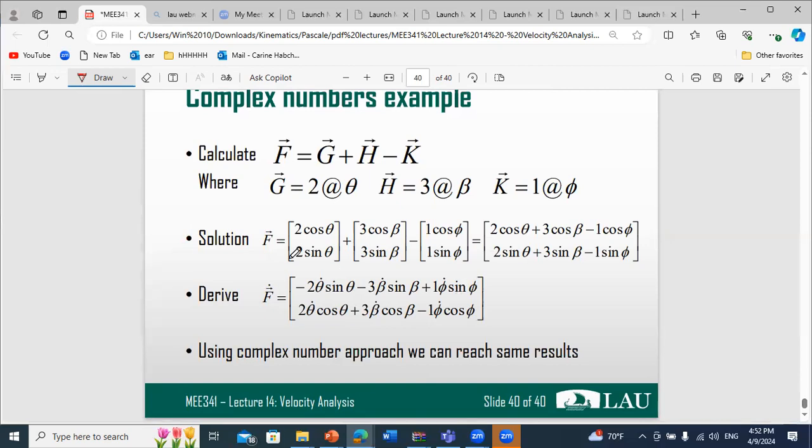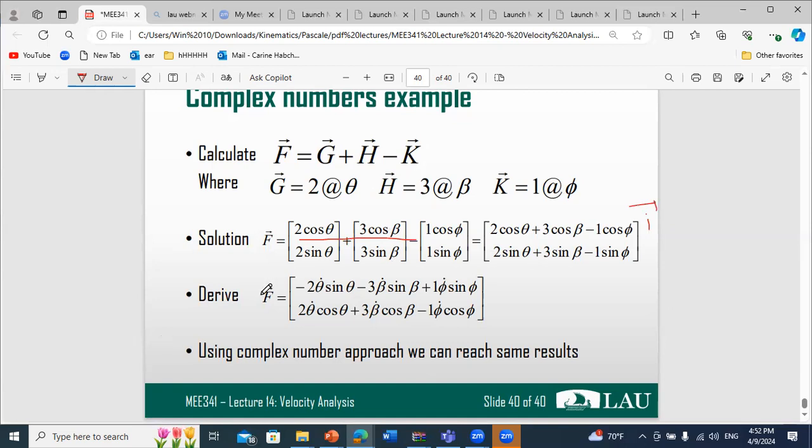Here in the last slide, they are just telling you that you can use the analytical method or the exponential or real-imaginary method to give you vectors. So you can use the method that you feel comfortable with. The two methods are right. You can write in exponential form, or you can divide your vector into i and j components and then derive the component along i, and derive the component along j.